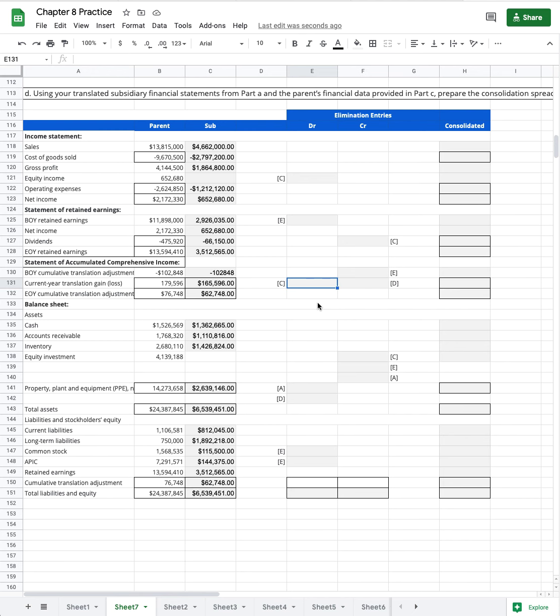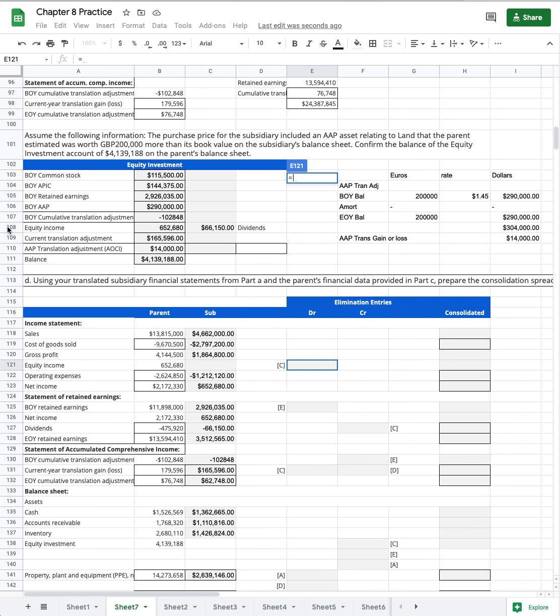Our C entry, which if you remember from the previous chapters, is to eliminate the change in the investment account during the year. We'll start here with our equity income, and we'll reference up to the 652,680. Then we can jump down to dividends and grab the 66,150. Then for our current year translation gain or loss, we'll grab the parent company, the 179,596.